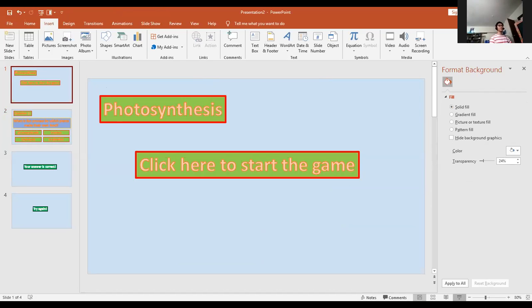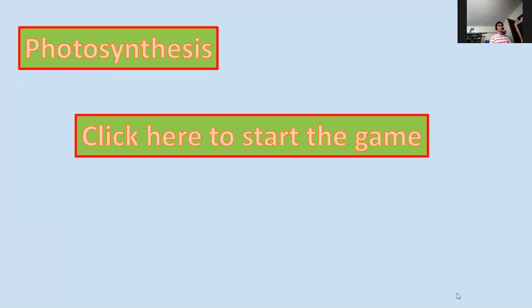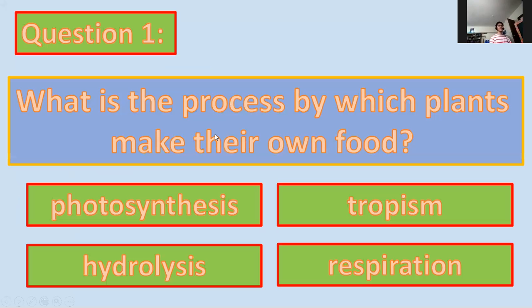Okay, here we go. When you click here to start, this is the question. What is the process by which plants make their own food? If your answer is wrong, let's try again.